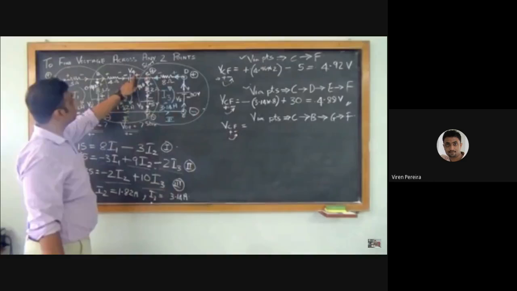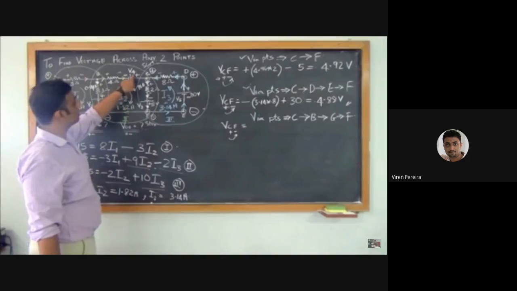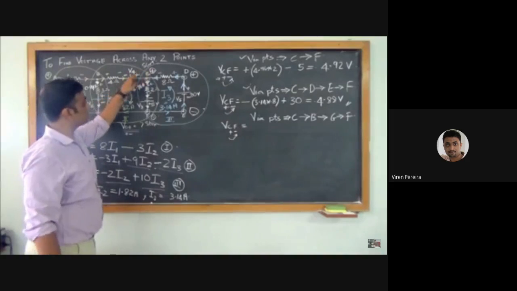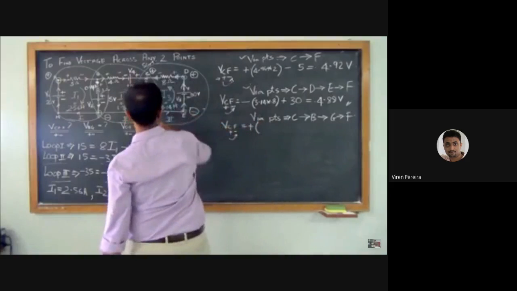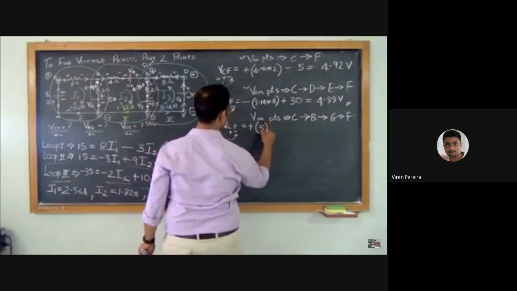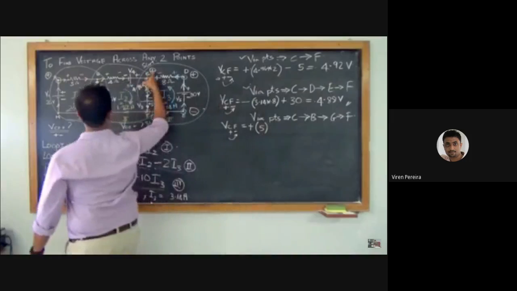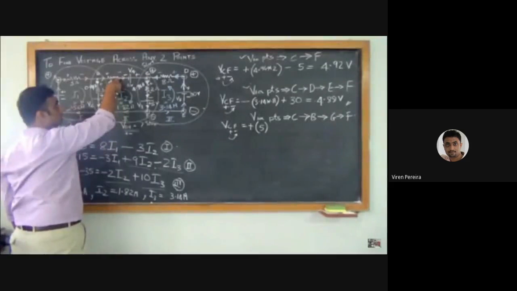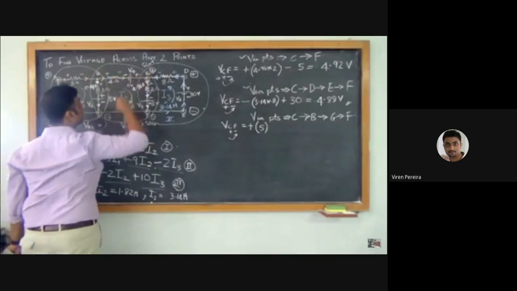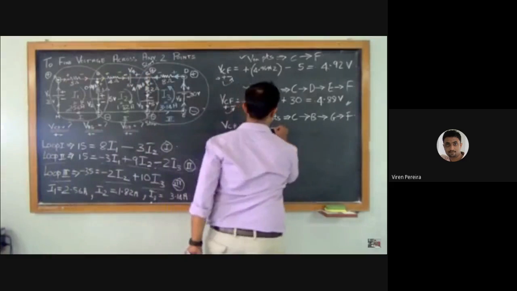The first terminal it touches is the positive terminal of the voltage source. Positive into positive, positive. What is the voltage source value? 5 volts. Then for the 4 ohm resistor, the first terminal is negative. So negative into positive, negative.